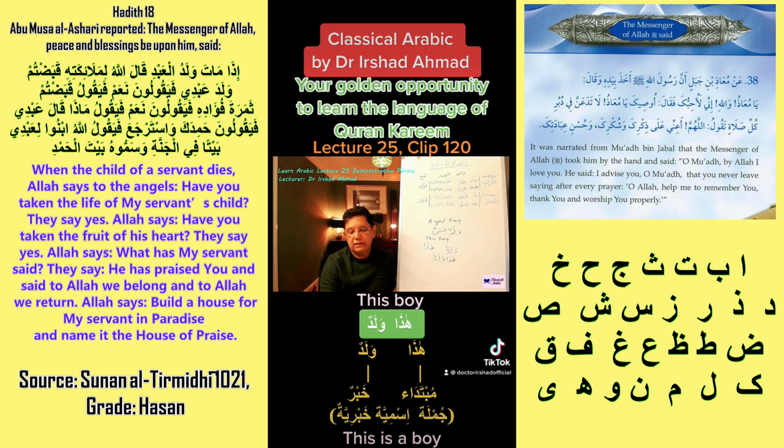We know that for correct use of a noun in a sentence, we will have to be familiar with 4 characteristics of a noun, and those 4 characteristics are definiteness, i'rab, jins, and adad. So if we analyze these 2 nouns from those 4 characteristics points of view, we have haza. We know all pronouns are definite, so haza is definite.